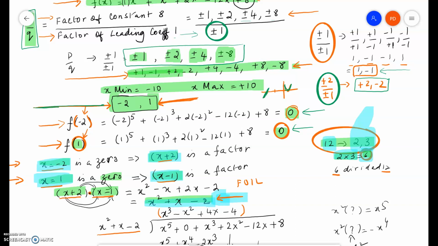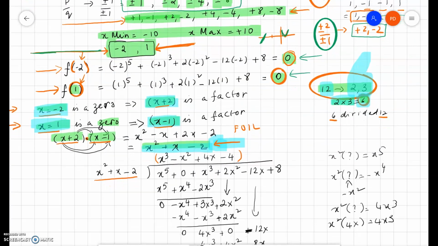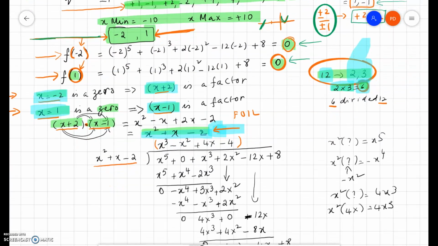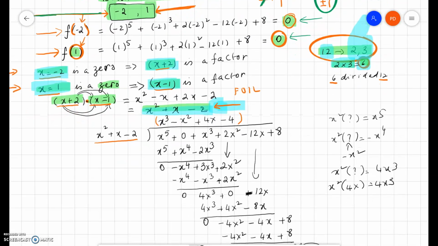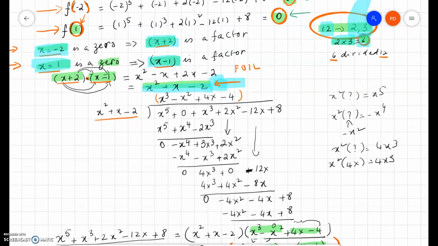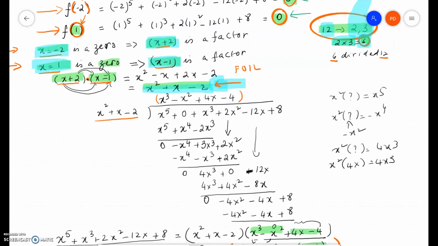So x squared plus x minus 2 is also a factor of x to the fifth plus x cubed plus 2x squared minus 12x plus 8, which means that x squared plus x minus 2 divides the given polynomial. So when I do the division, I divide by x squared plus x minus 2.